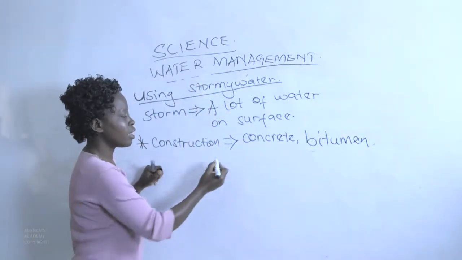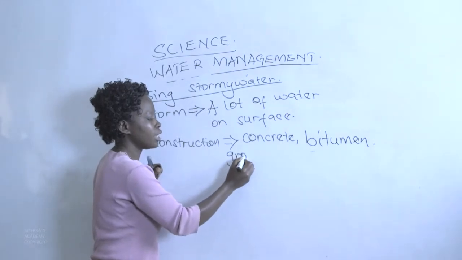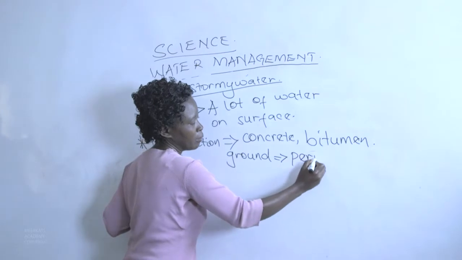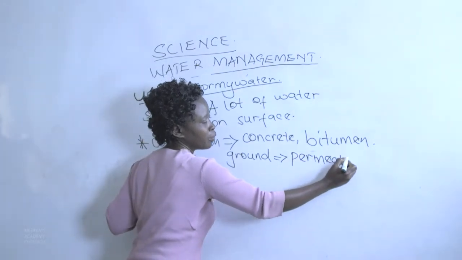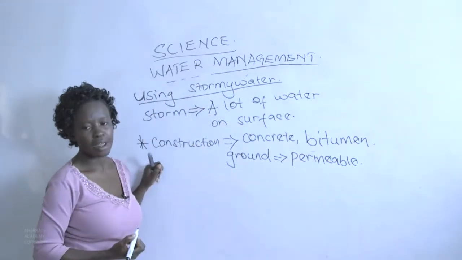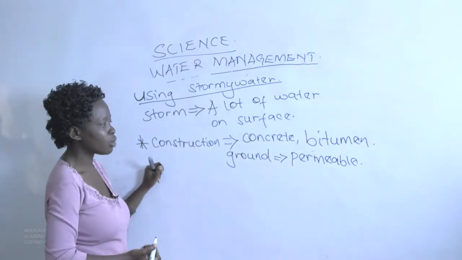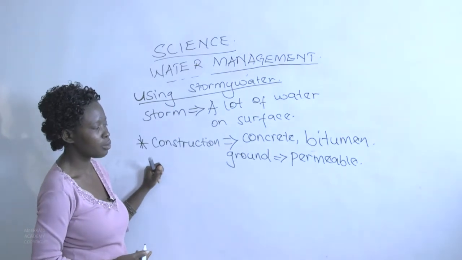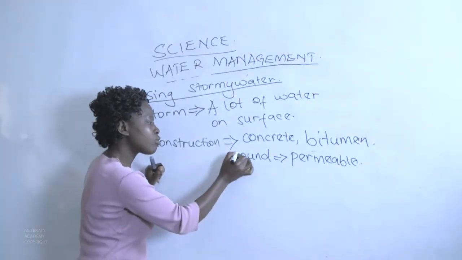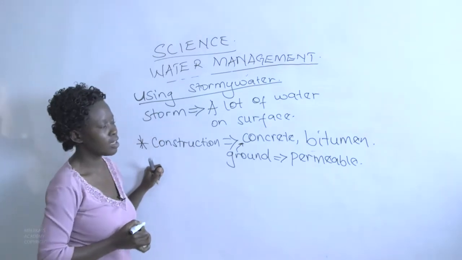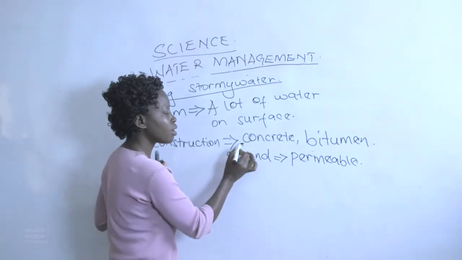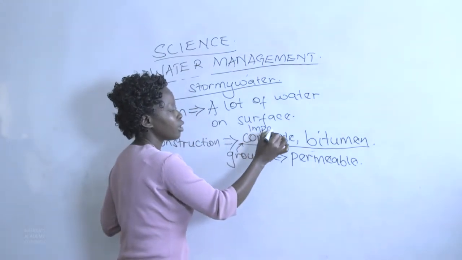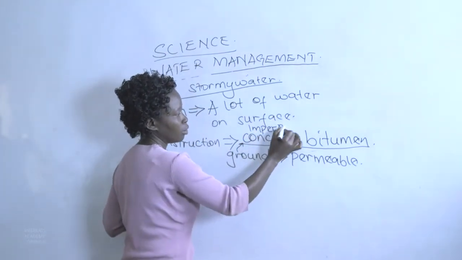So we find that the soil or the ground initially could have been permeable, in that when it rains, the water could easily just seep underground. But these construction processes, the building that has taken place, has made this ground to be replaced by the impermeable concrete and bitumen.